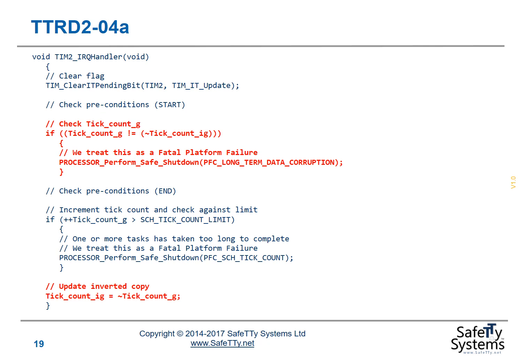So this is the timer ISR, the scheduler interrupt function from the TTRD204A. We're keeping a record of the tick count variable, so our tick count variable is now duplicated.